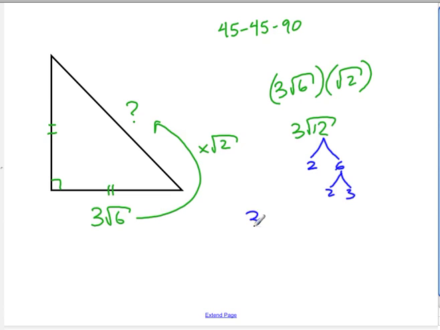And that would be 3 times the square root of 2 times 2 times 3. And, of course, we could bring out a 2. So we end up with 6 times the square root of 3. Okay? And so that is if we're going from one of the legs to the hypotenuse.